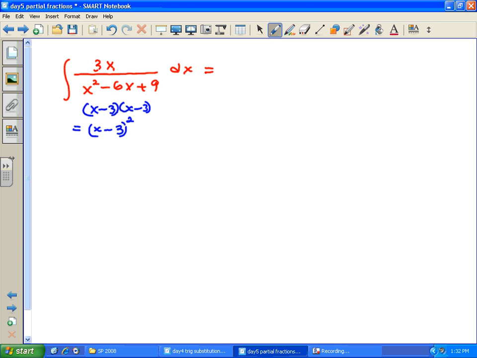What kind of fractions do we want on the right-hand side for repeated linear factors? Something like a constant over x minus 3, and then another constant divided by what? x minus 3 squared.